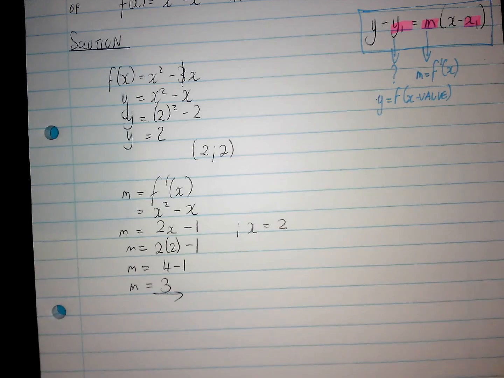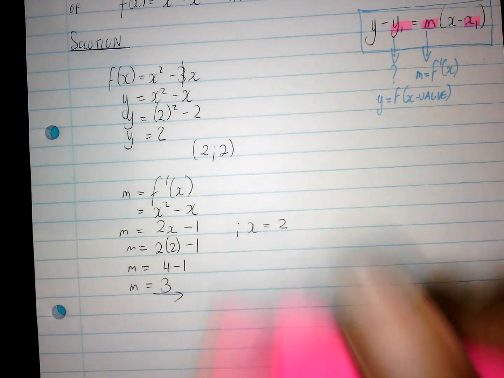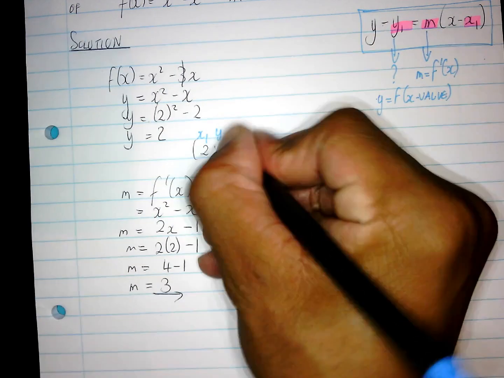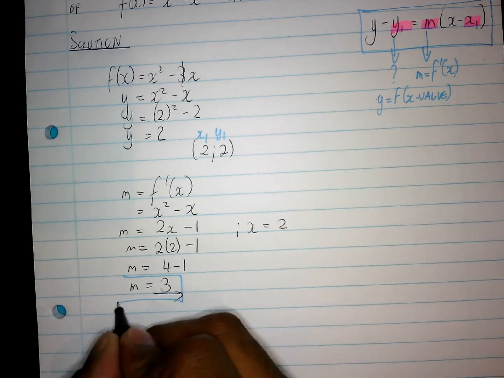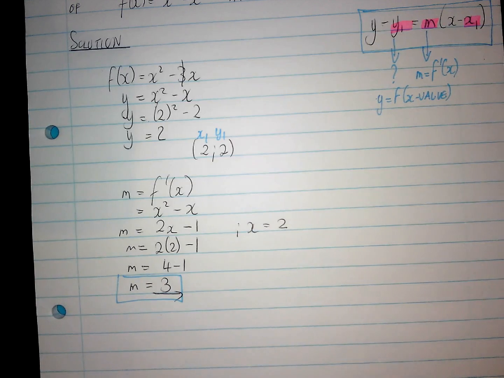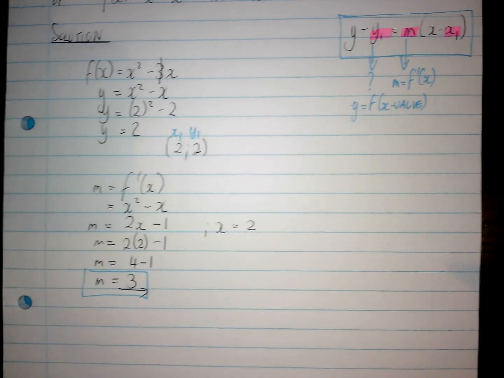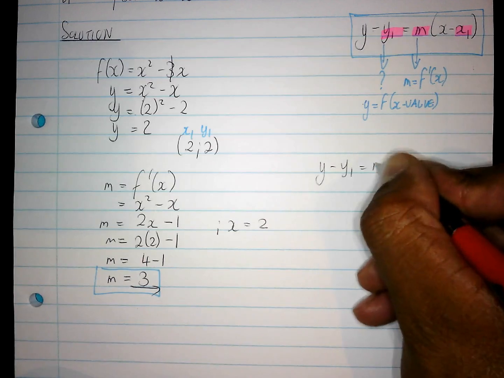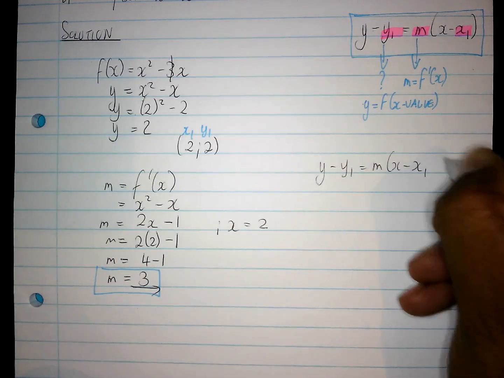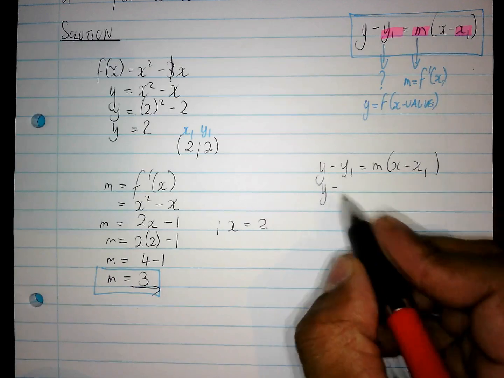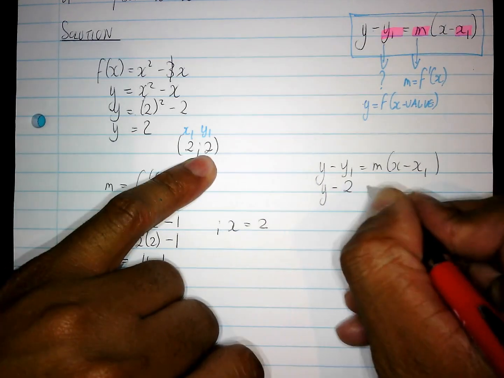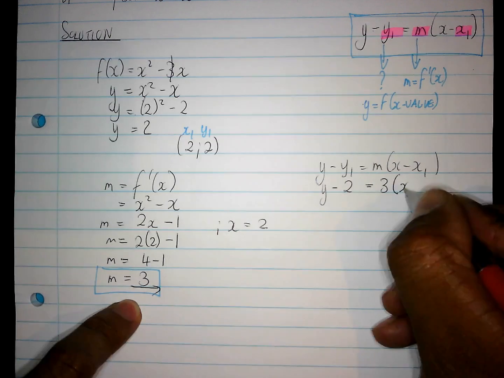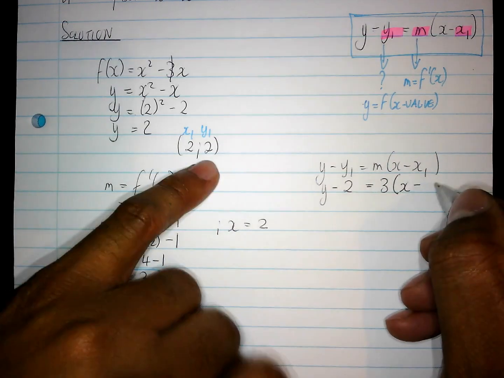So now we have the coordinates x1 and y1, and we have our gradient of 3. Now to determine the equation, it's y minus y1 equals m times x minus x1. So y minus 2, the gradient is 3, then x minus x1, which is 2 as well.